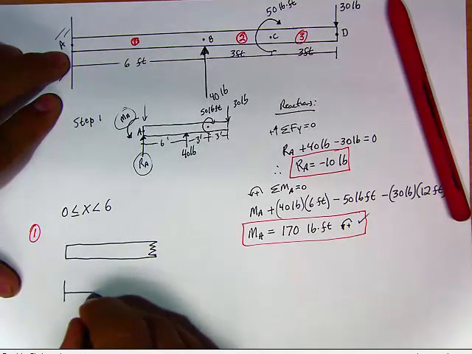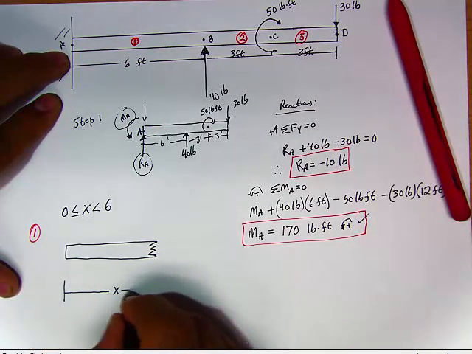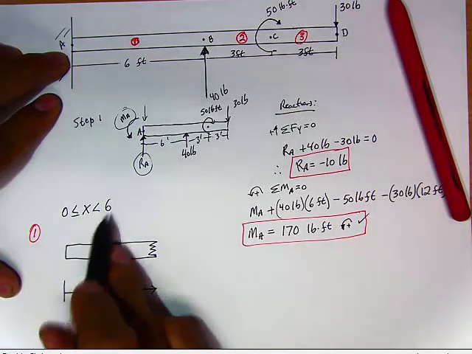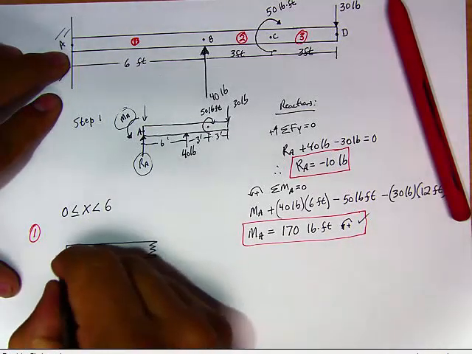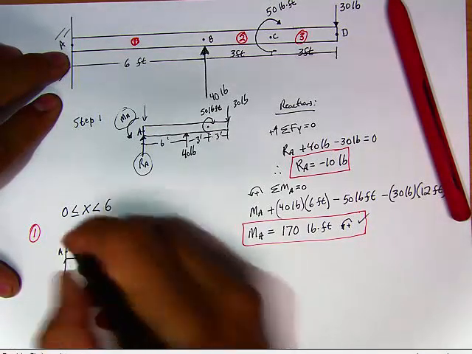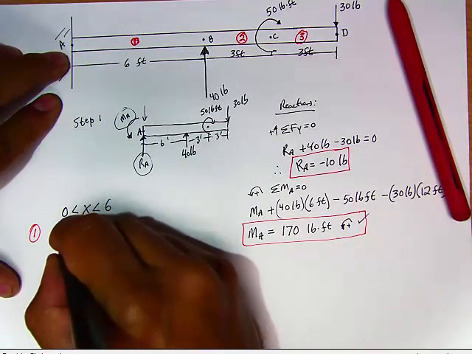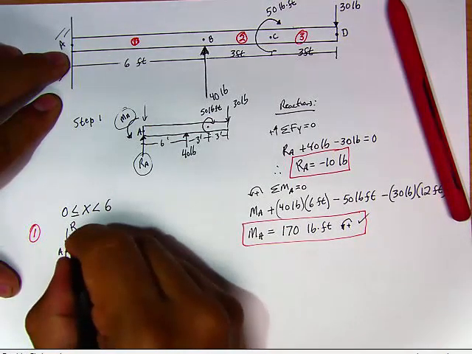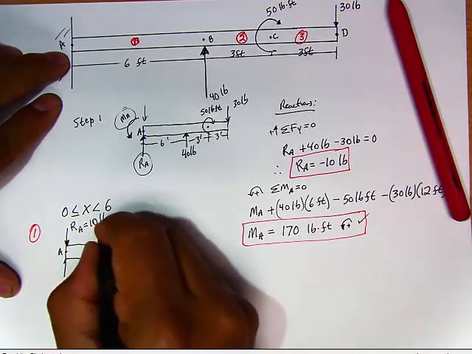What distance did we make our cut? We don't know. It is some distance X. We just know that it has to be somewhere between 0 and 6. This is still our point A. We still have a reactive, I'm sorry, this one's, remember, I said we were going to call it negative. So by making it point down, RA equals 10 pounds.